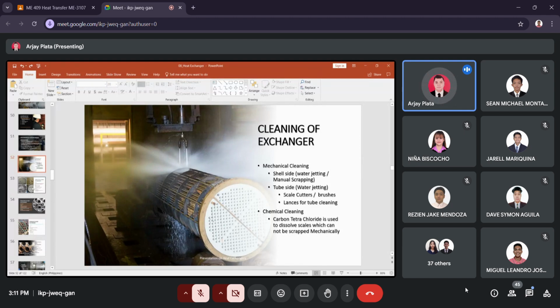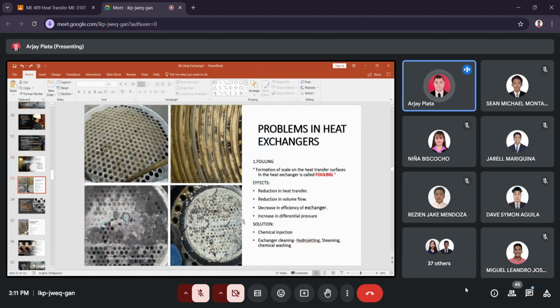So have you seen some scales? These are examples of scales that we avoid as much as possible, because the scales reduce the rate of heat transfer, and there is also a reduction in volume because of the plugs caused by the scaling.